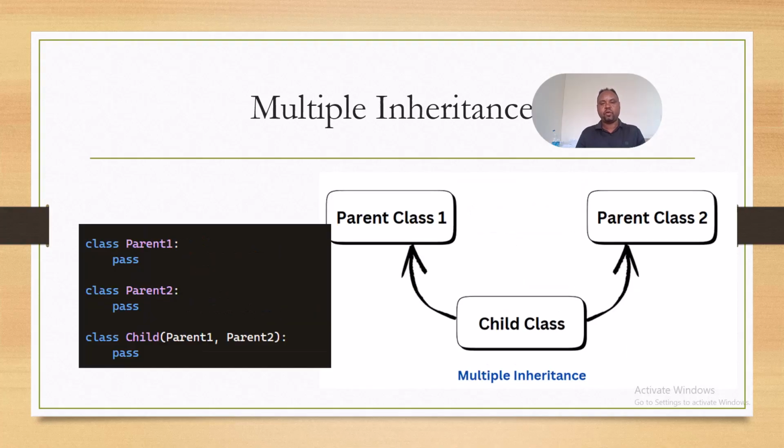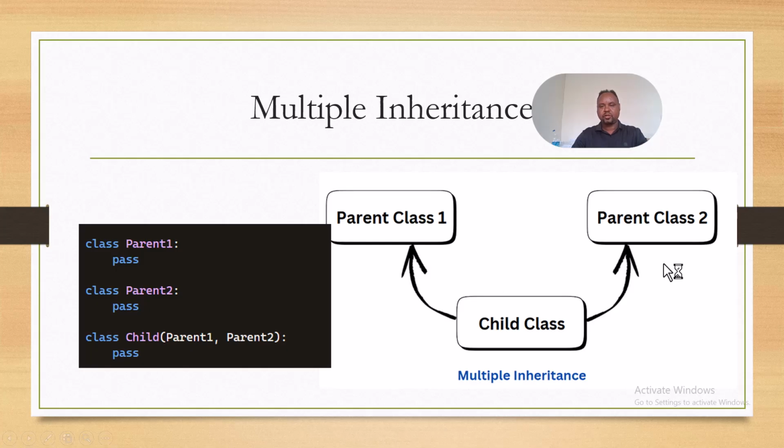The second form of inheritance is multiple inheritance. As the name indicates, one child class inherits from more than one parent class. Now this child class inherits something from parent class 1 and something else from parent class 2. This makes it multiple inheritance.